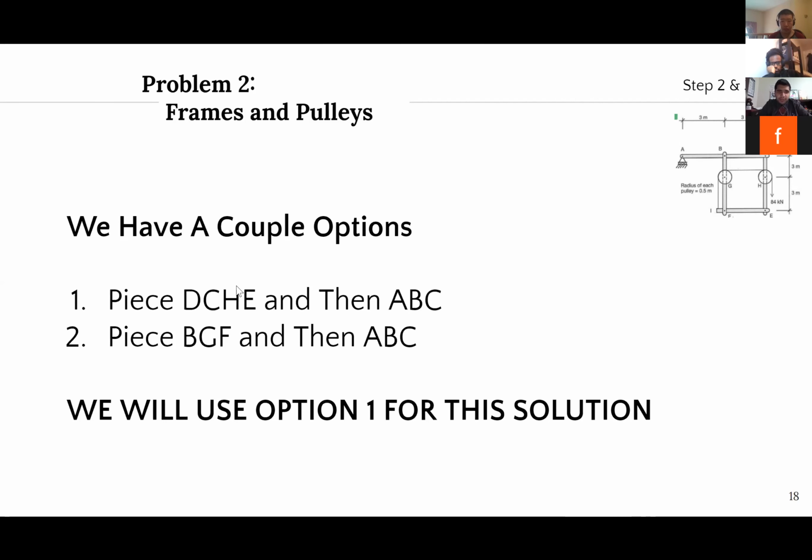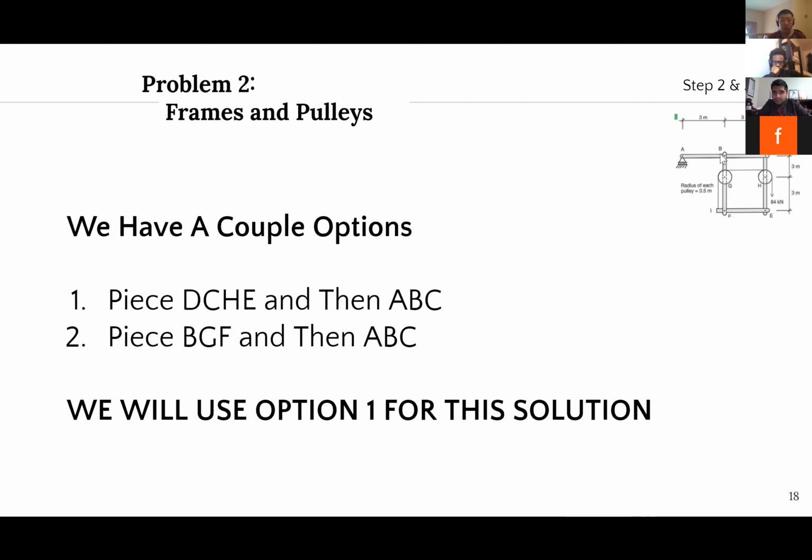We have a couple of options. We could start with piece DCHE, because we have some known values there, and then go to ABC, or we can go to piece BGF and then go to piece ABC. In BGF, we'd attack knowing values at G because of the pulley there.